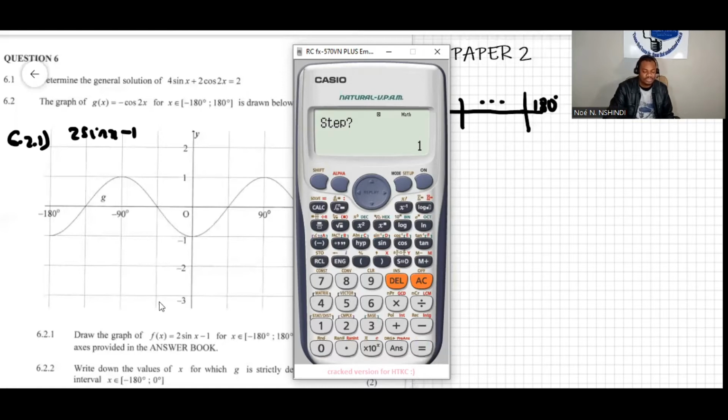Then the step. What step am I going to take? Let's take 90 degrees, because in the interval we have -180, -90, 0, 90, so let's say the step is 90 degrees. I hit equal and we have the values here. When x is -180, f of x is -1. So I place -1 over here.